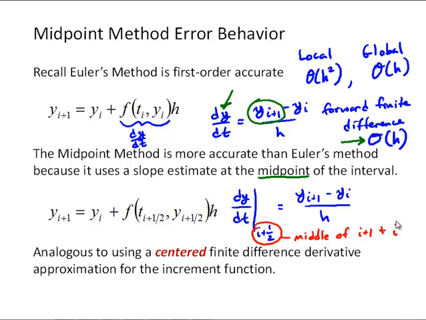So what we have now for this analogy is more like a centered finite difference derivative approximation for that increment function.